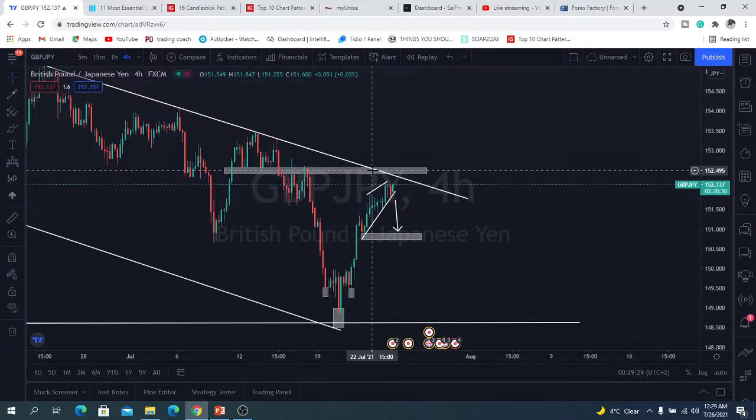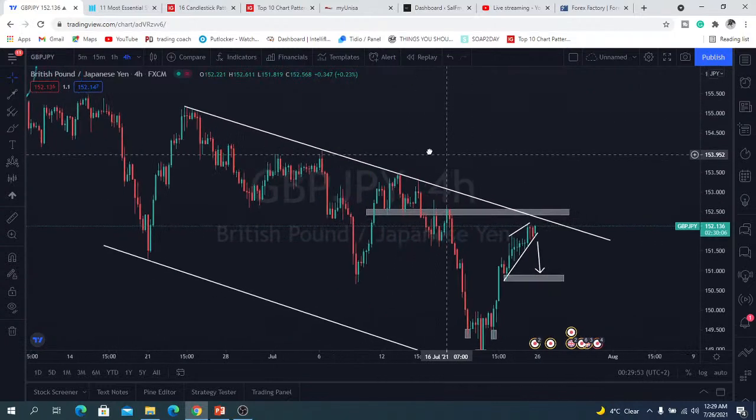For example, how to use a support and resistance strategy. When your market is at resistance, you need to sell, and when it is at support, you need to buy. But how are you going to identify if this is a valid buy or a valid sell? Obviously, the candlesticks need to give you some clarity.